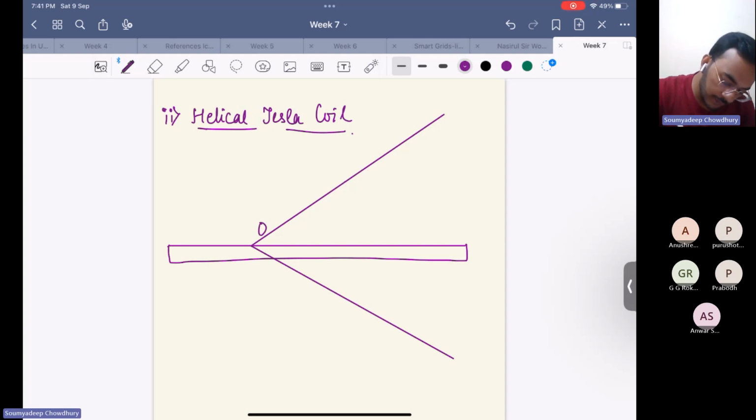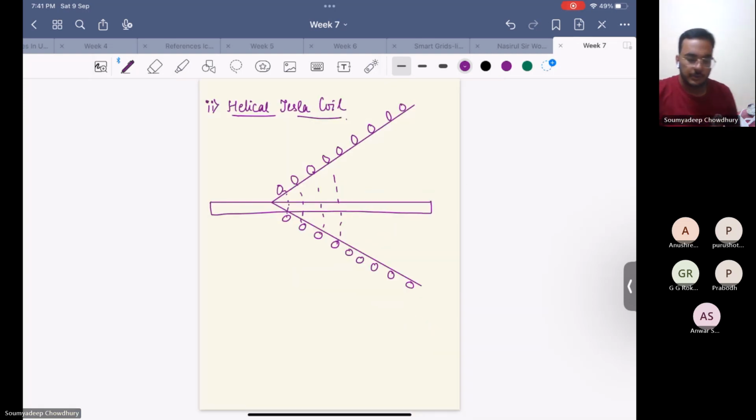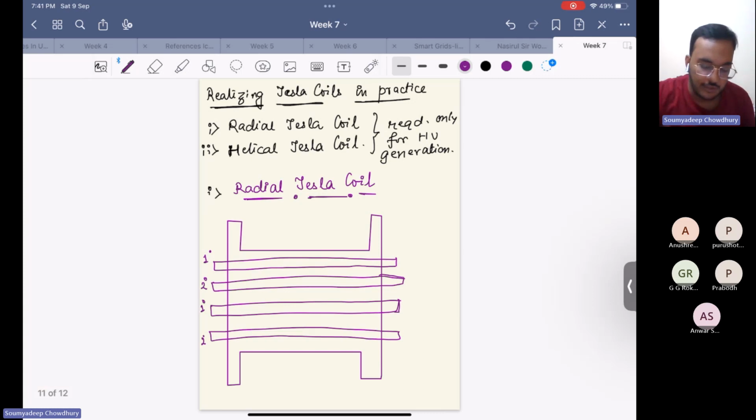We have the coils here which are arranged helically, that is in a spiral manner. Once again, we will discuss this radial and helical Tesla coil in the next class. I will just draw the diagram now and explain next class. So these coils are connected like this.